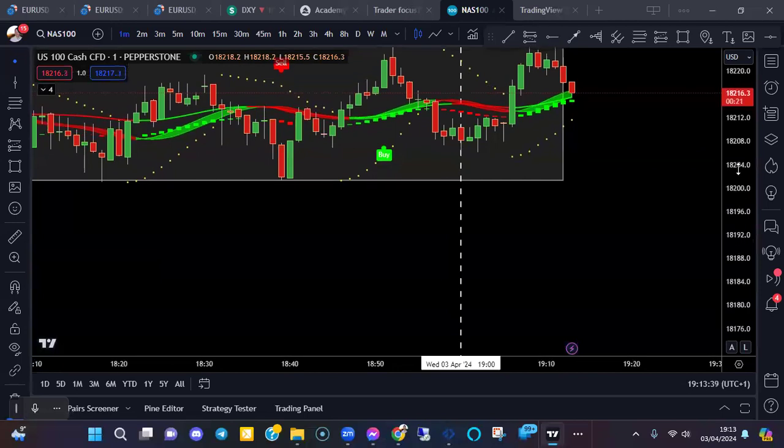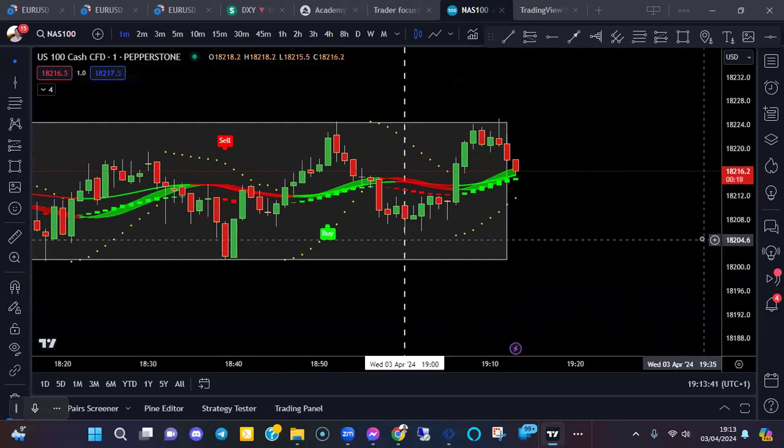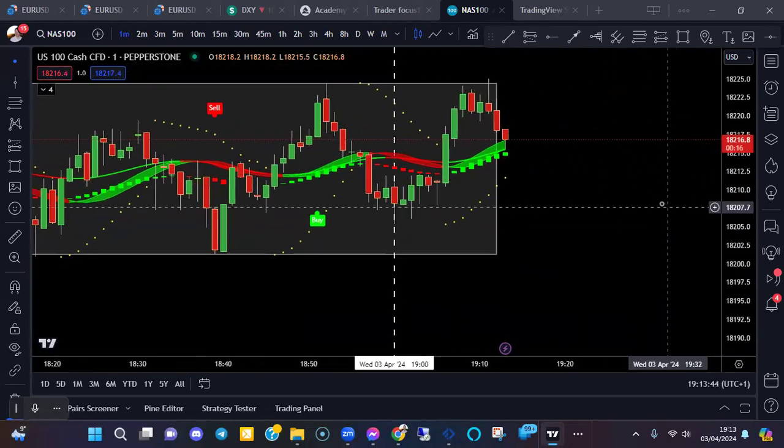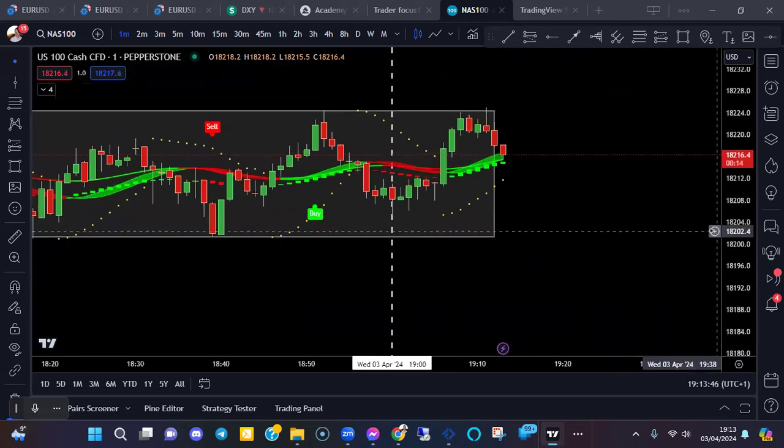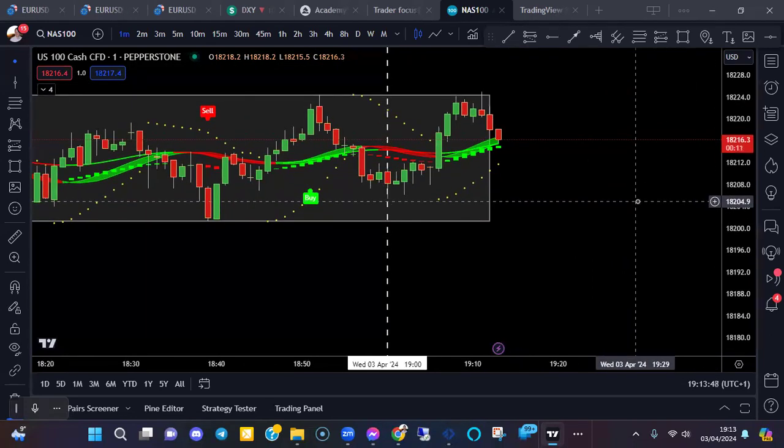So hopefully you're getting a little bit of experience and a little bit of knowledge, and you're not losing any money because we're not in a trade. That's the main thing. We're not losing any money.